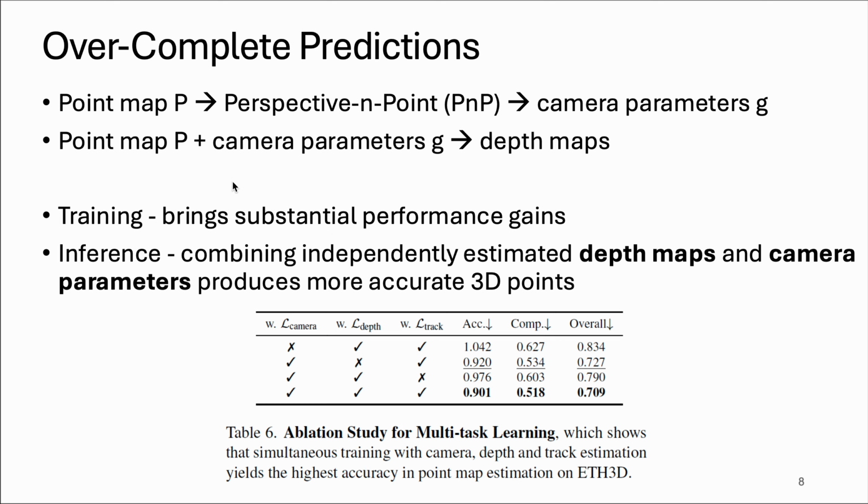For example, given the 3D point map, then using the traditional perspective-n-point method, we can derive the camera parameters g, and also given the 3D point map and the camera parameters g, we can derive the depth map. So the set of outputs is overcomplete, but they choose to generate these outputs.